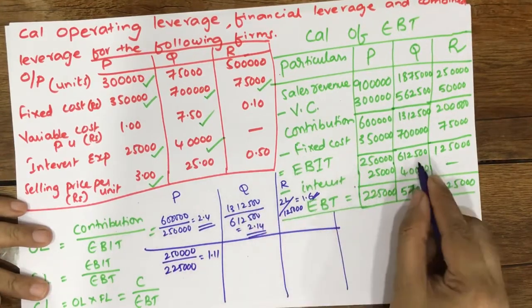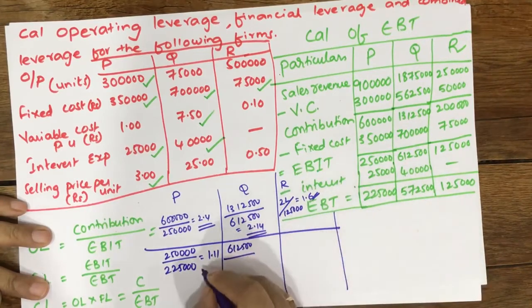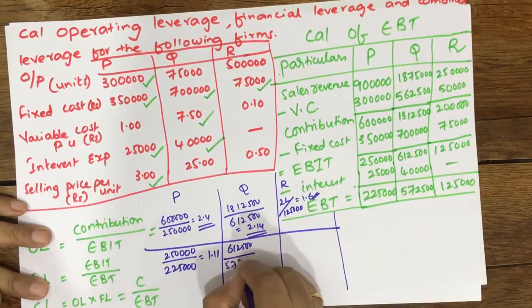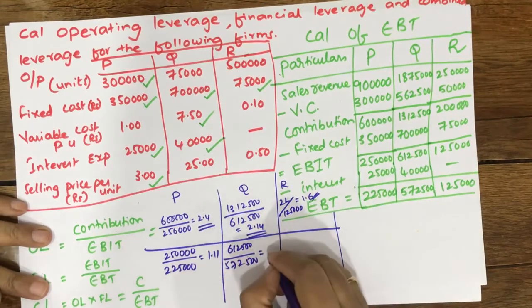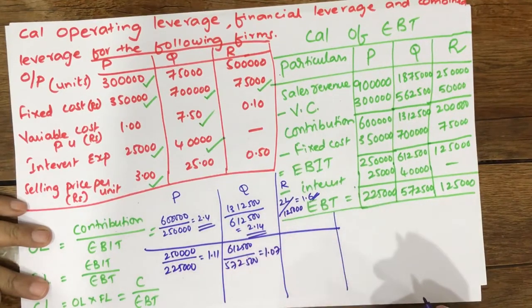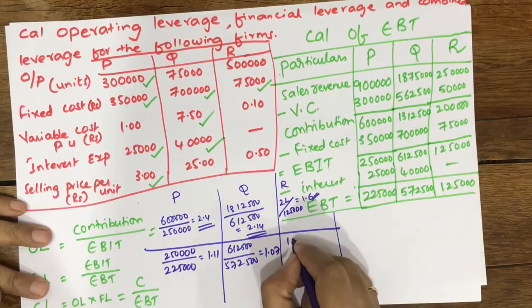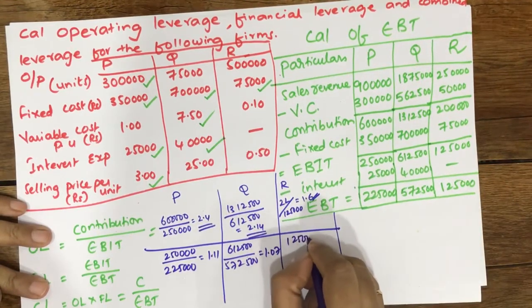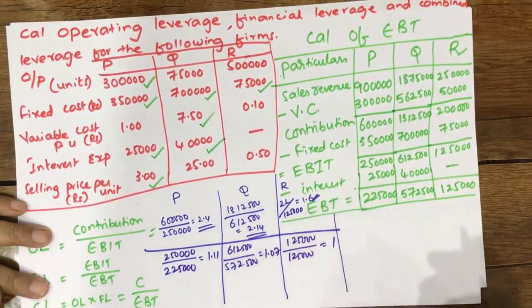In case of firm Q, 6,12,500 divided by 5,72,500, which is 1.07. And just like that, in case of firm R, it is 1,25,000 divided by 1,25,000, which is equal to 1.